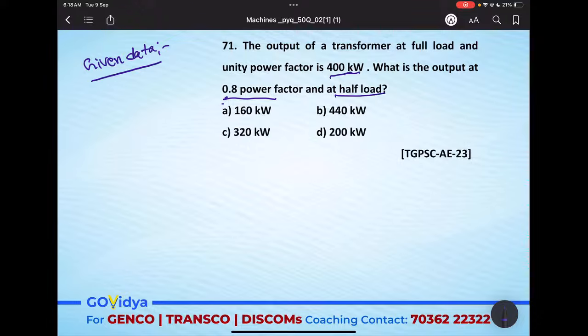In general, output of a transformer is given as VI cos phi.